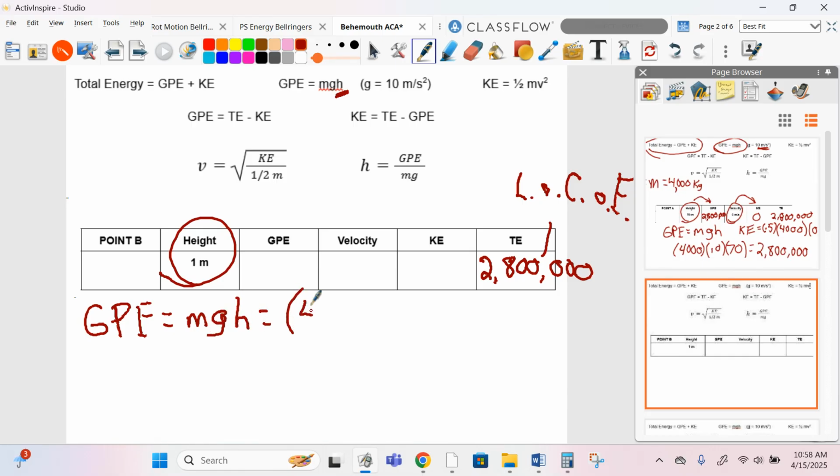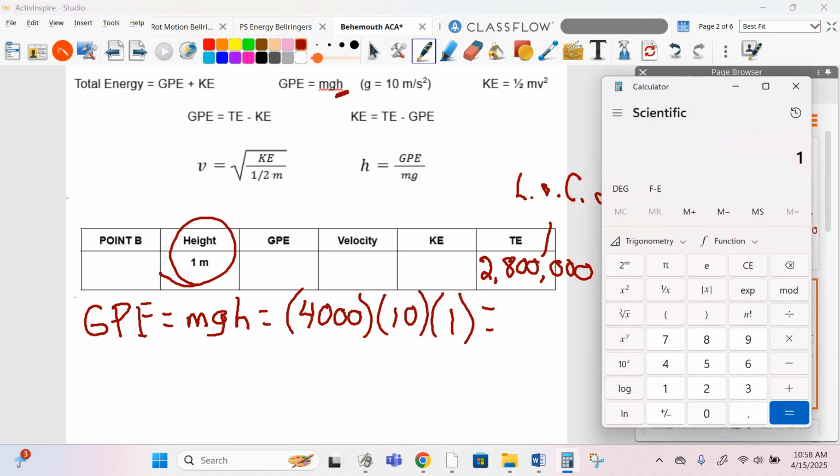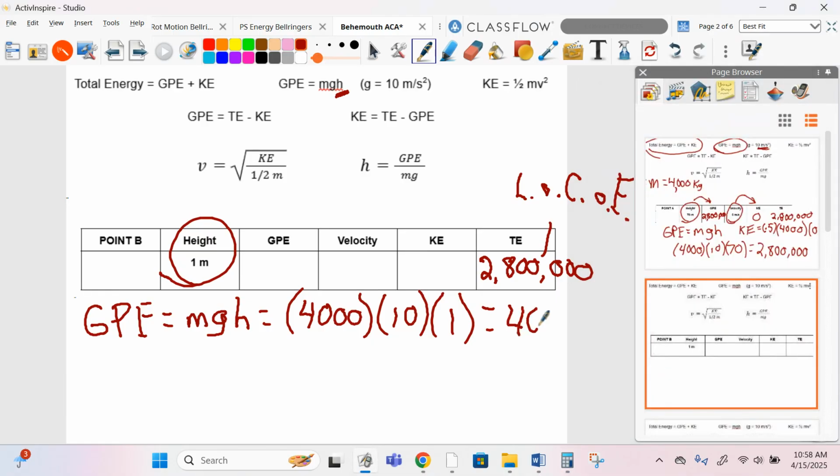The mass of the coaster will stay the same the entire time. It is 4,000. g we use as 10. And then h is 1. And when you do that calculation, what do you get? Well, it is 4,000 times 10 times 1, which is just going to be 40,000 joules.